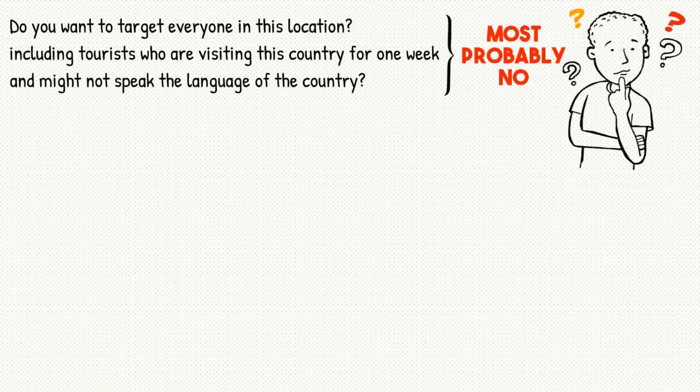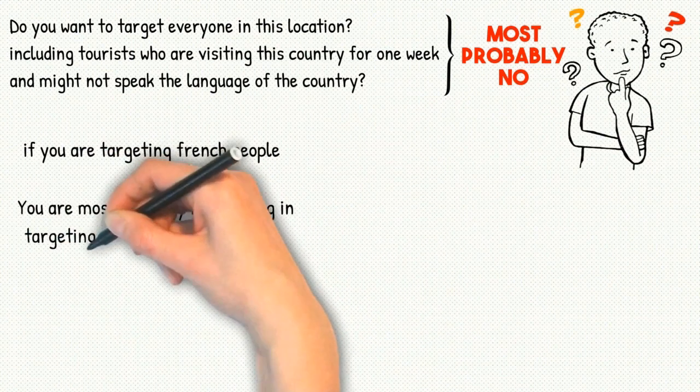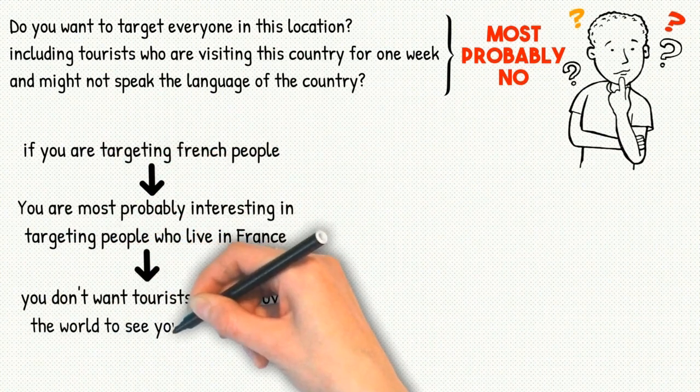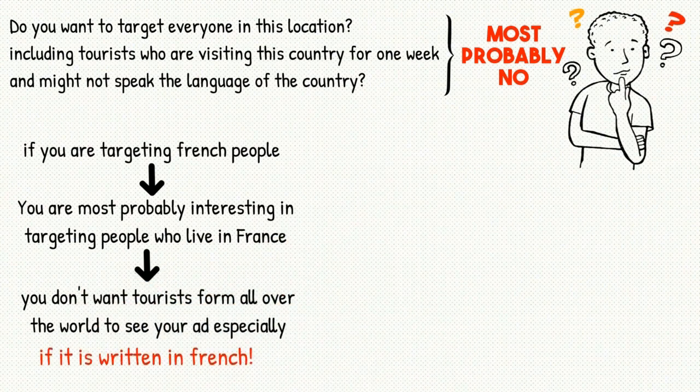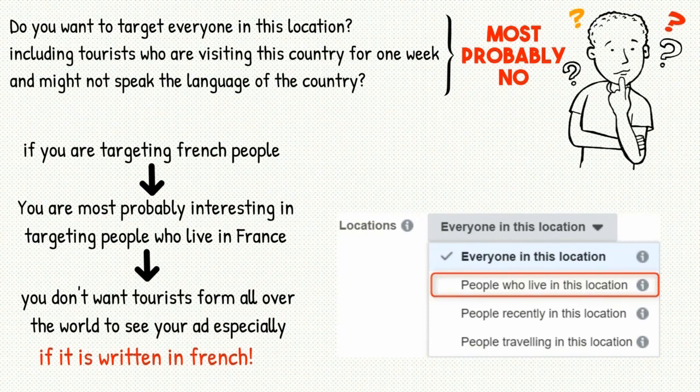Most probably no. If you are targeting French people, you are most probably interested in targeting people who live in France. You don't want tourists from all over the world to see your ads, especially if it's written in French. So in this case, you don't choose everyone in this location, but you choose people who live in France.